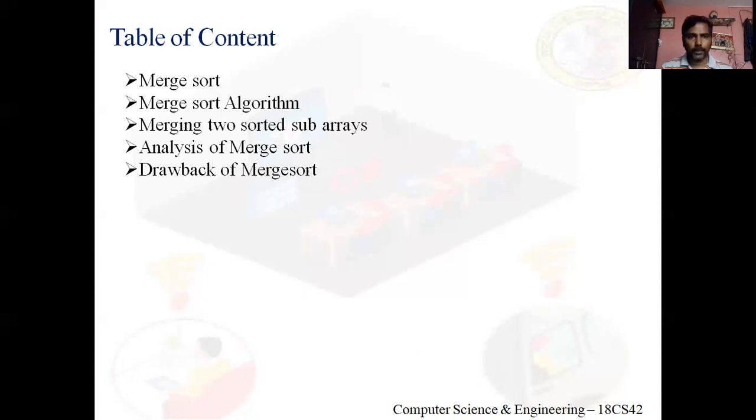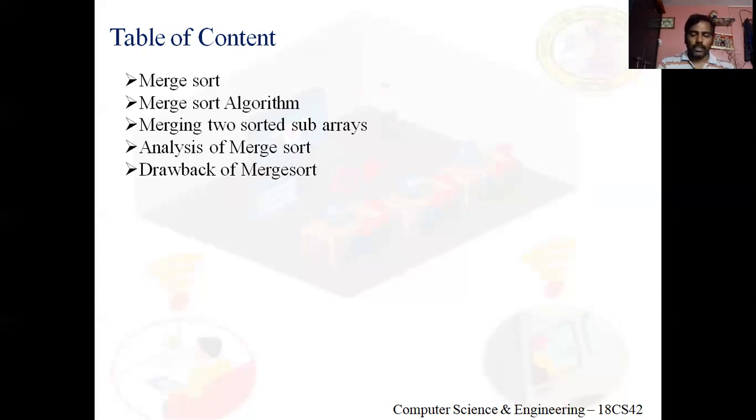Got it? Then I need to check whether the new 2 subproblems are of smaller instance. Suppose the new 2 subproblems are again of larger instance, what should I do? Again, I need to divide these 2 subproblems into further subproblems. So this division process, dividing a problem into subproblems, repeats until I get subproblems with smaller instance.